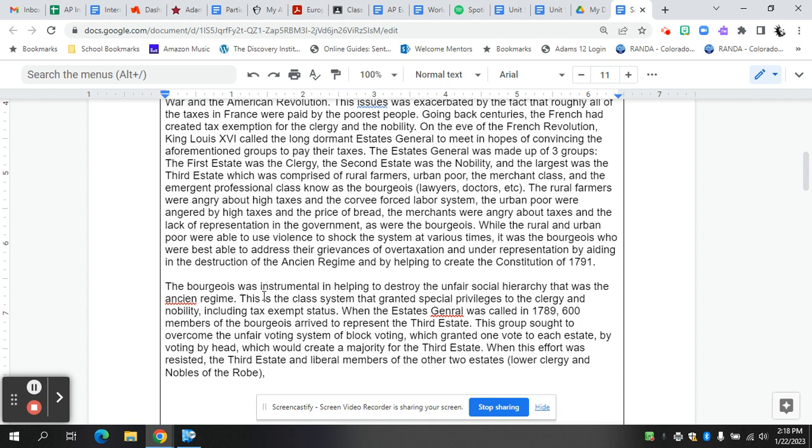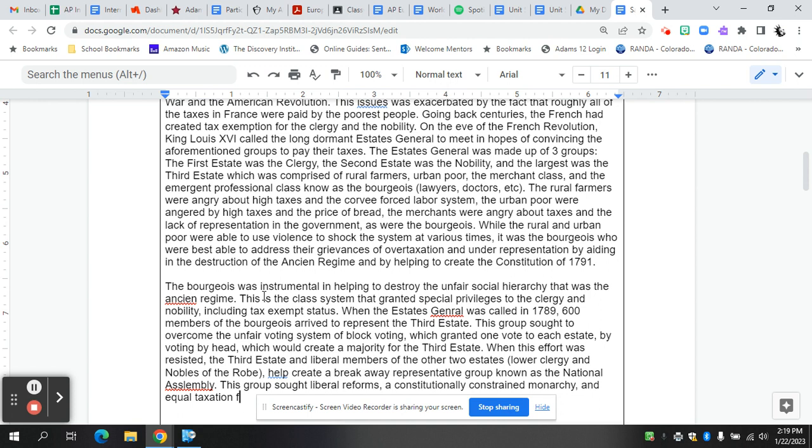So I've got this evidence piece, helped create a breakaway representative group known as the National Assembly. This group sought liberal reforms, a constitutionally constrained monarchy, right? And equal taxation for all French citizens.